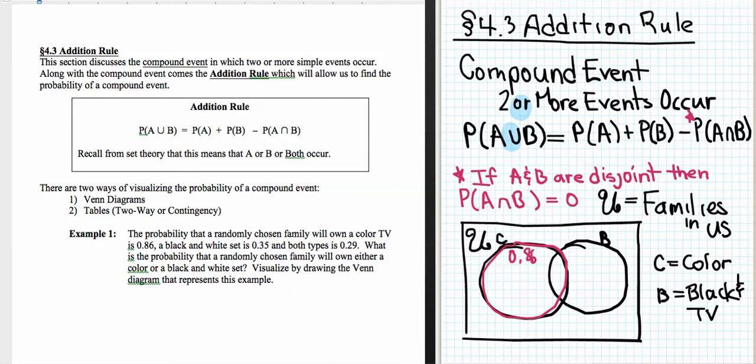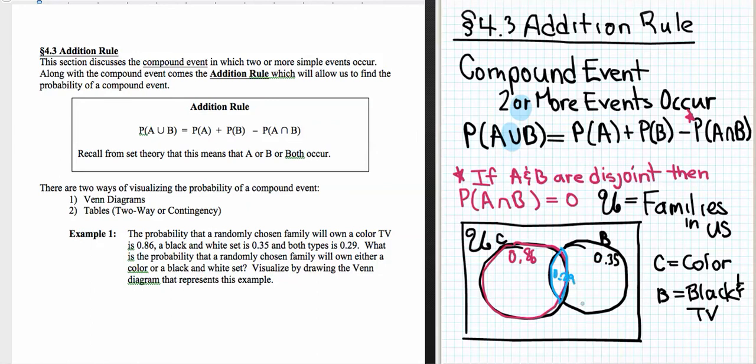And then the black and white one, I'll leave that in black, the probability of that is 0.35. But then what we have going on is the overlap of these. I'm going to put this in blue. So the overlap of these, both a black and white and a color television set, that is 0.29.